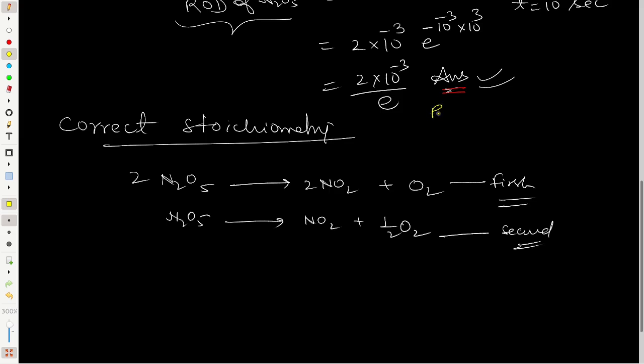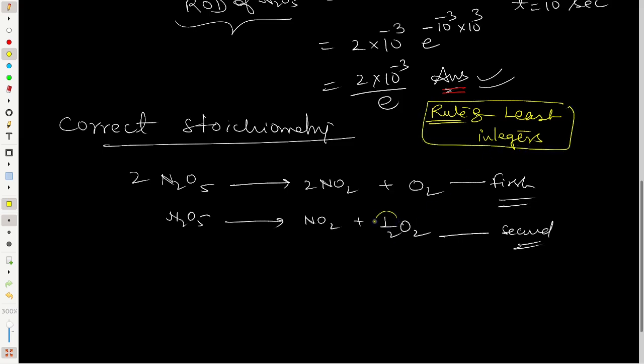When the stoichiometry is not given in the question, then you should select that stoichiometry which has the least integers as stoichiometric constants or coefficients. So the rule is least integers. Here, this is the fractional. Here everything is according to least integers.